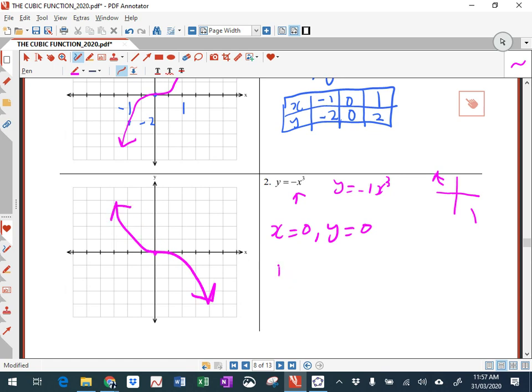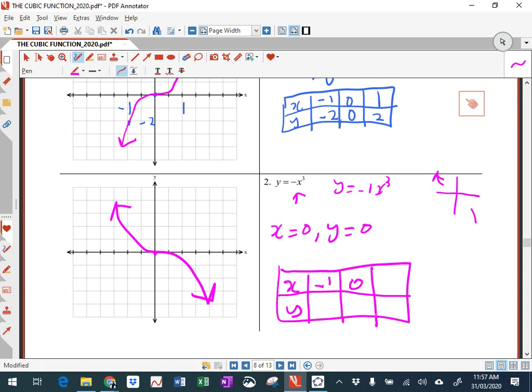And again, if you wanted to do a table of values to plot some extra points, for these basic ones I would just do -1, 0, and 1. So it's going to be -1 cubed is -1, and with the negative sign out the front, you can have positive. That's 0, and that'll be -1 there. Obviously there's your point of inflection.